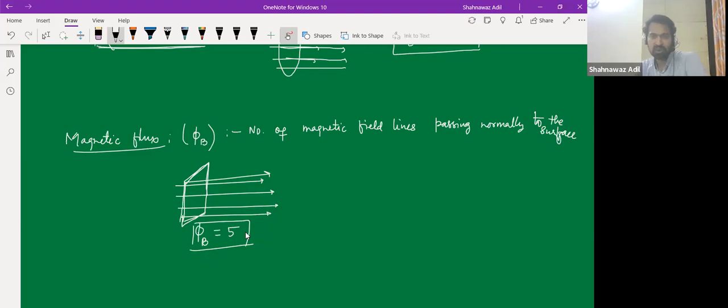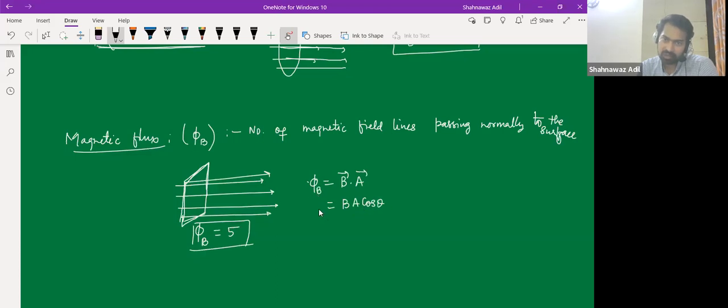Okay. So this is the magnetic flux, and for a uniform magnetic field, as you guys are saying, this is B dot A. Good. So this is also correct. And this is BA cos theta.